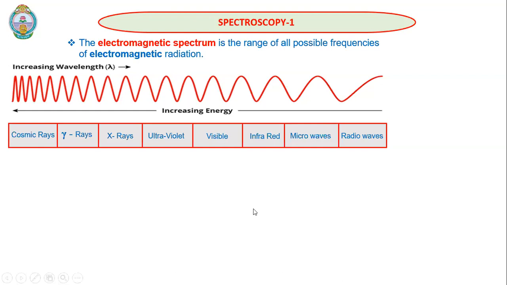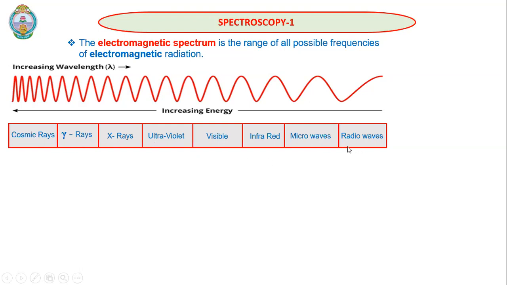Radio waves are the radiations with the lowest energy. When we increase the energy of the radiations, this order will follow. So the next higher energy radiations are microwaves, infrared, visible, ultraviolet, X-rays, gamma rays, and cosmic rays.